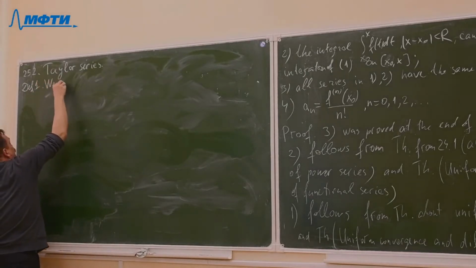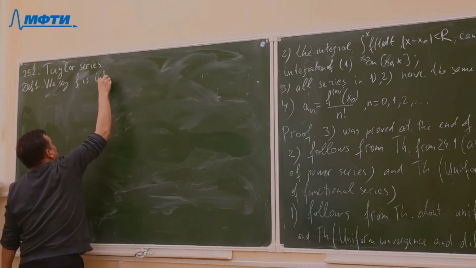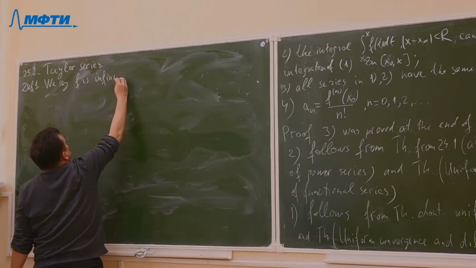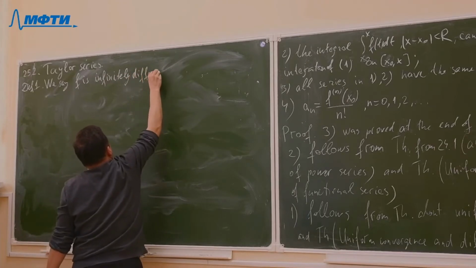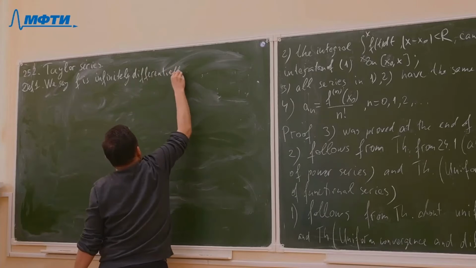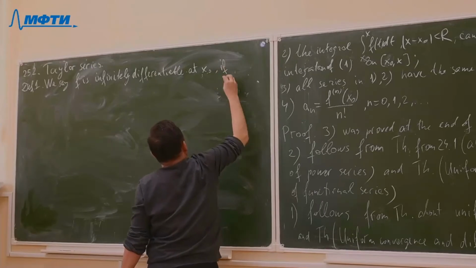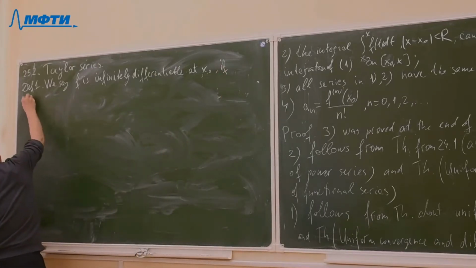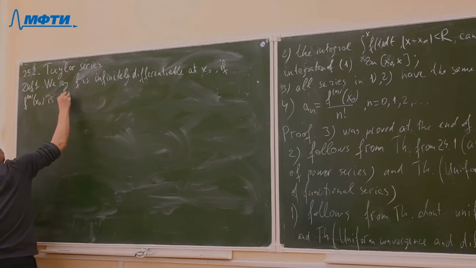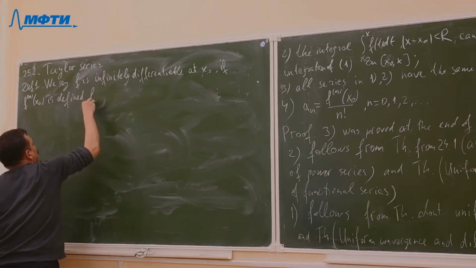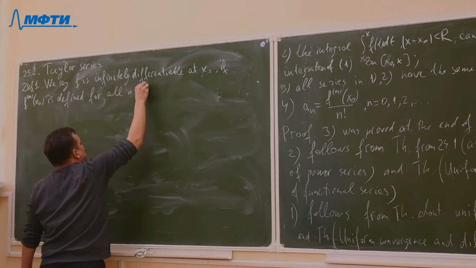We say f is infinitely differentiable at x naught if the nth derivative at x naught is defined for all natural n.